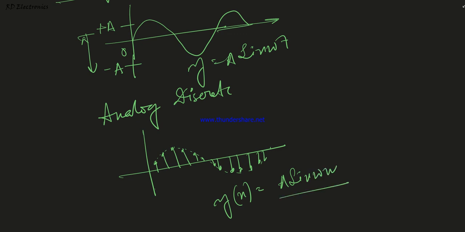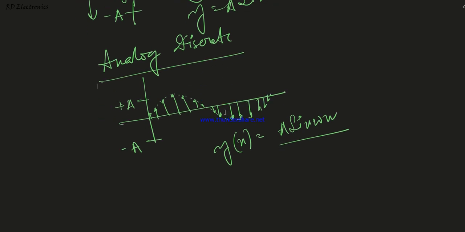This is also minus A and this is plus A. But look that in a continuous signal, the amplitude is present at every instant of time, but when you sample it, the number of samples depends on the sampling nature of this signal. So this is the analog discrete signal.